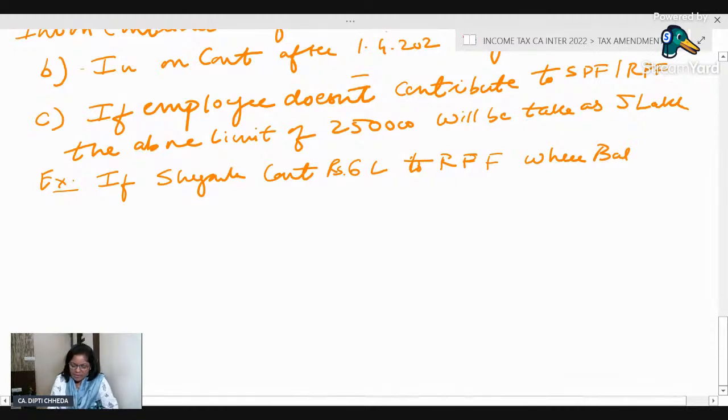I hope it is clear. Shyamlal contributes rupees 6 lakh to RPF, where balance is 10 lakhs. Interest at the rate of 5%. Just assuming some simple rates.